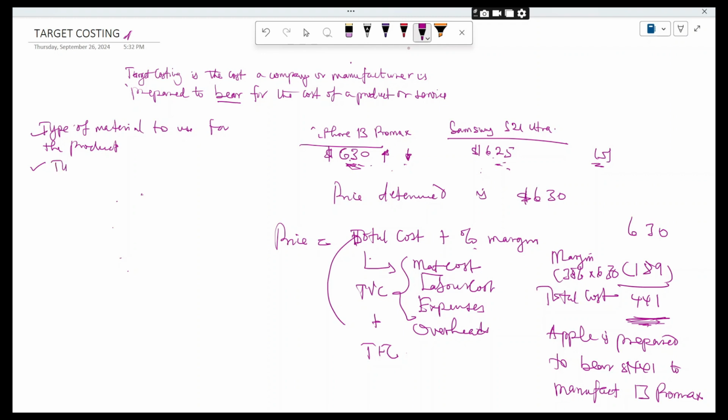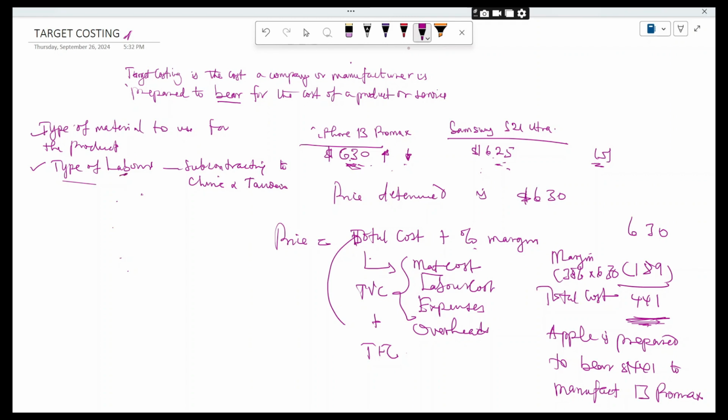Then they are going to consider the type of labor. So here, this is where most of the companies in America are subcontracting to China and say Taiwan. Do you know why?